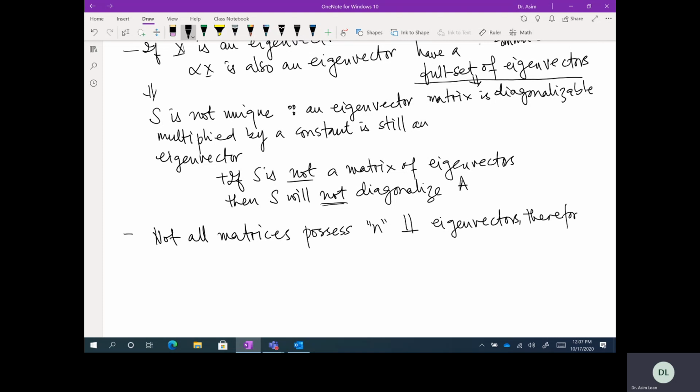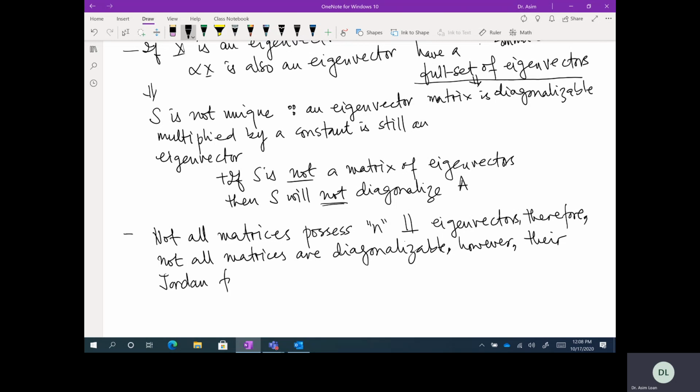The exception is the normal matrices. Therefore, not all matrices are diagonalizable. However, their Jordan form is possible.